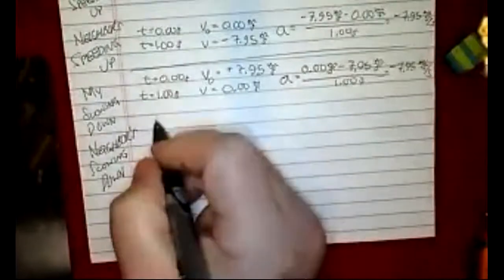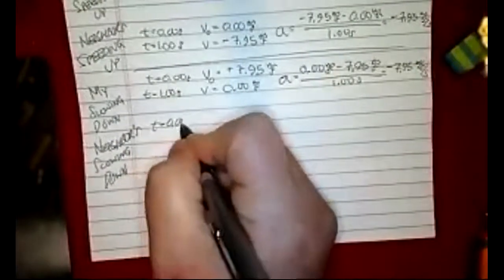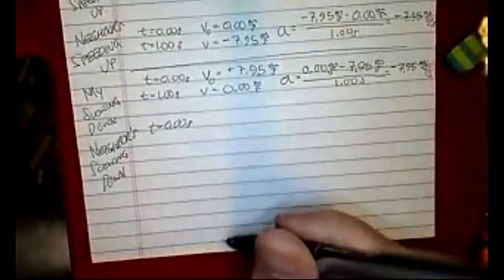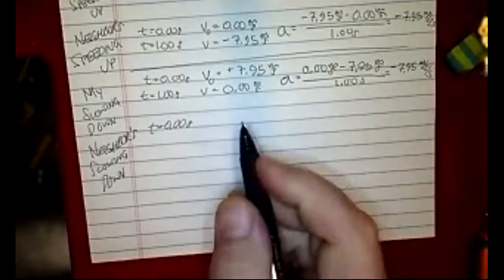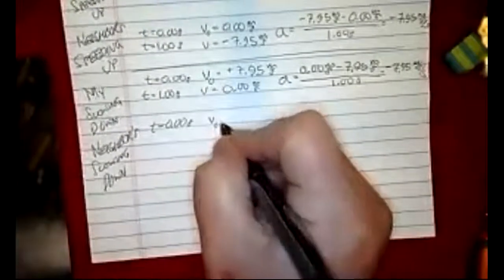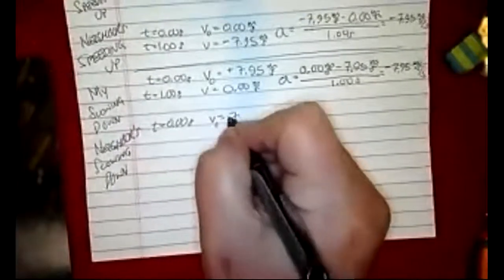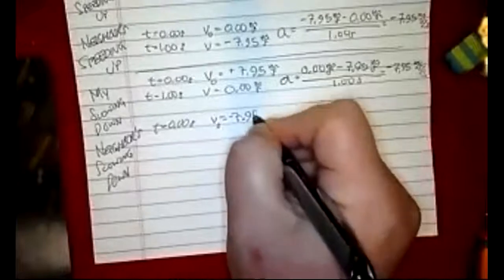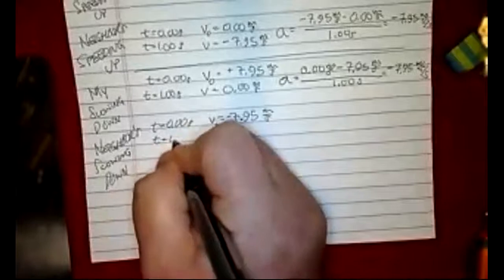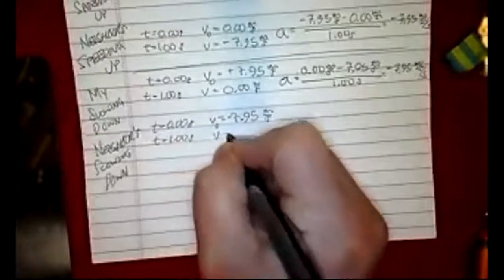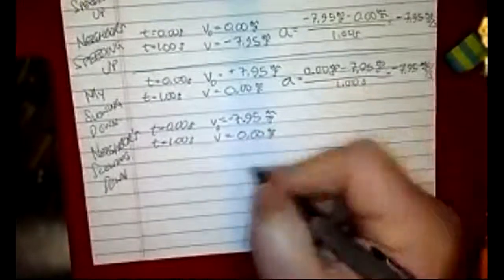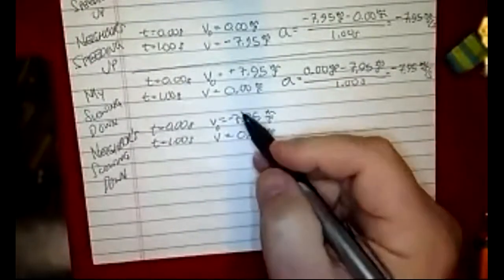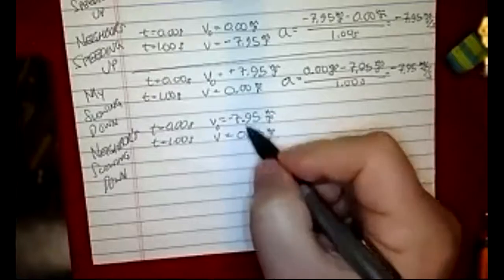So the neighbor slowing down at t equals 0.00 seconds. Remember, he said his right is northward, which we consider to be the negative direction. So his initial velocity is going to be negative 7.95 meters per second. 1 second later, his final velocity will be 0.00 meters per second. And again, we are slowing down because we went from a speed to 0 speed.